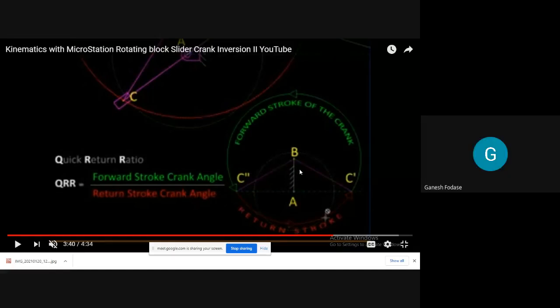Theta r is the return stroke, okay, but which angle do we actually get? Basically we get angle ABC dash, or we can say ABC double dash. If I get that angle, twice that will be the return stroke angle, theta r. So from theta r we can find theta f, and we get the quick return ratio for this mechanism.